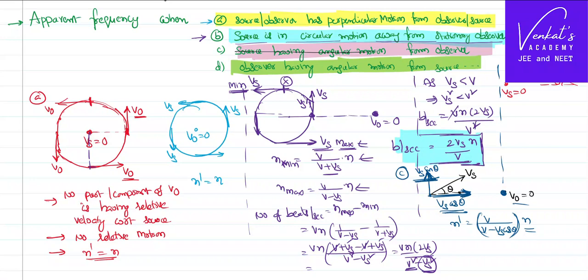Similar to the earlier case, I can resolve this vO into components. This is vO cos theta. This is vO sin theta. This sin theta component is perpendicular, so no effect. This cos component is approaching the source, which comes in the numerator, so n dash will be v plus vO cos theta by v into n.